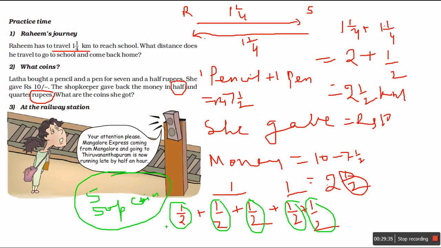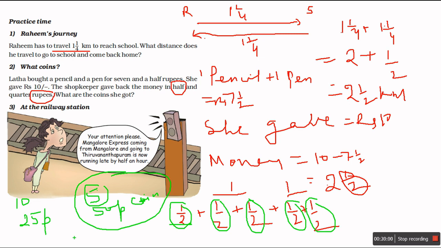If he gives in quarter rupee, one half has 2 quarters, so 5 halves have 10 quarters. So 10 25-paisa coins.